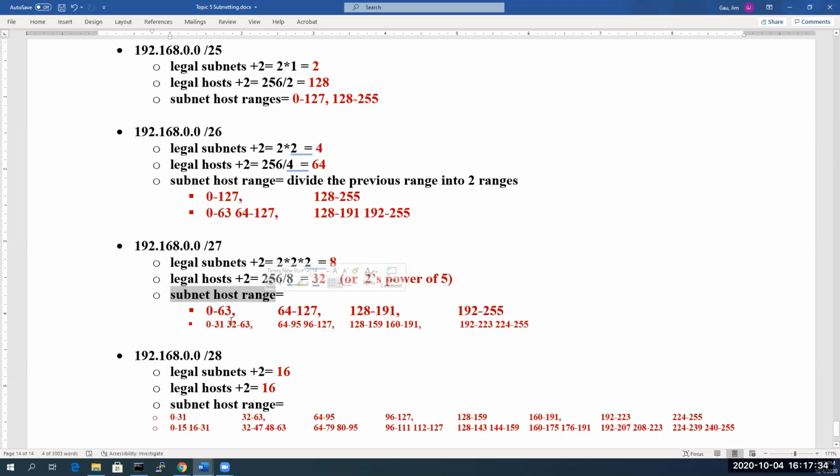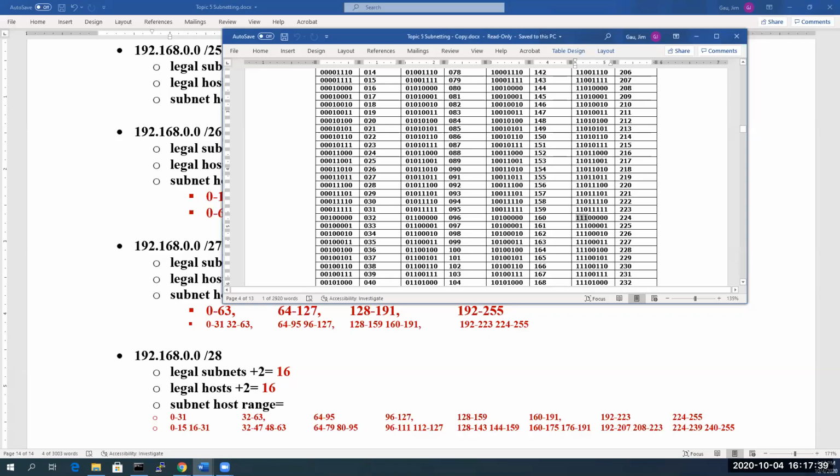And each network, how many hosts do you have? Now we think about this as host. Sometimes this page you have to think about as a network, and sometimes you think about it as host, depending on the context, what you are trying to resolve in the question. Now we're talking about hosts, right?